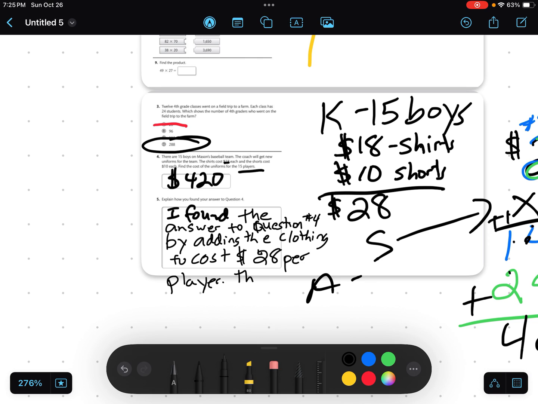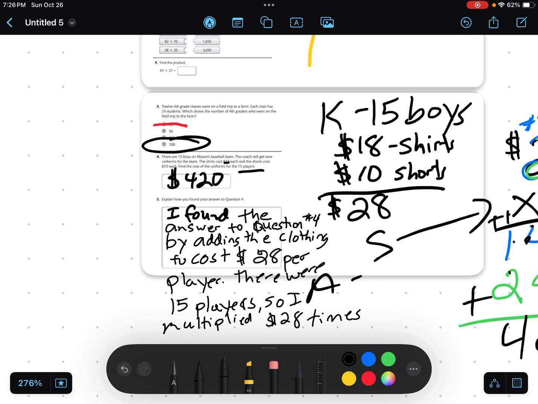There were 15 players. So I multiplied, sorry how sloppy this is, 28 times 15. I like writing out the words when they're asking you questions.